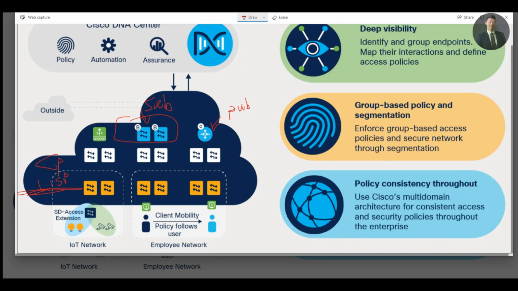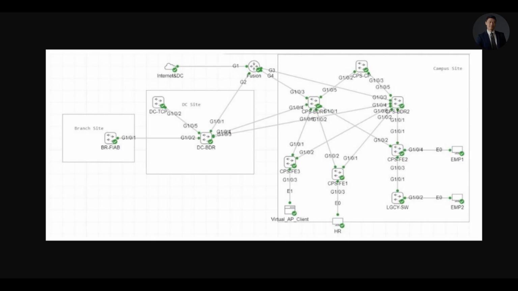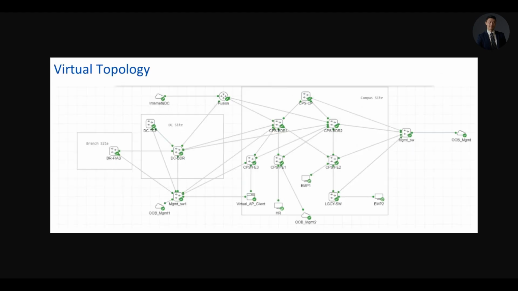This is the diagram we use for the physical topology. This lab consists of multiple fabric sites, as shown earlier in the logical virtual topology.